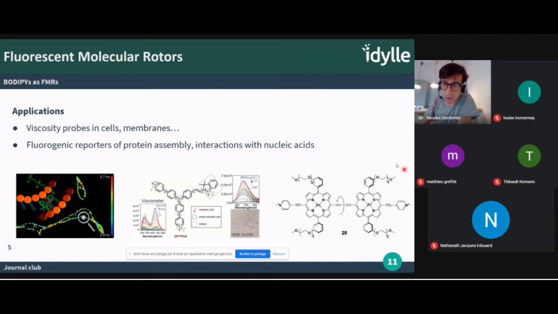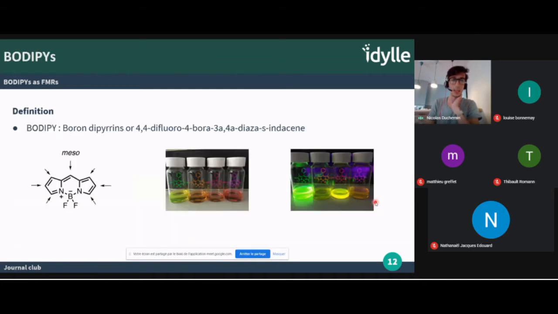And you have also these ones. So you have these two zinc porphyrin units, and these ones are quite interesting because they're absorbing in deep red or actually near infrared, which is interesting if you do two photon. Also if you do single one photon microscopy and you want to go a little bit deeper in tissues.